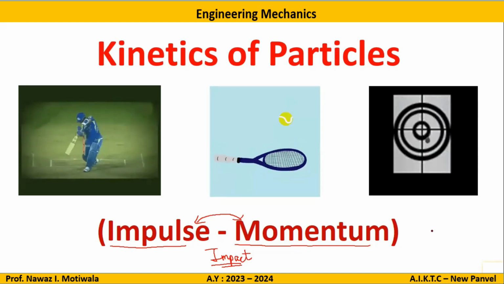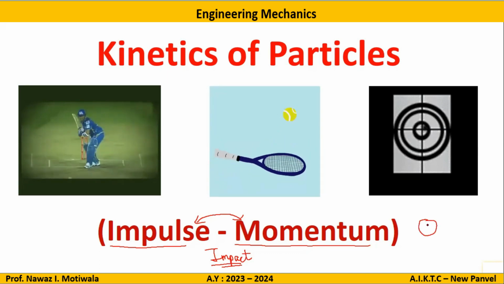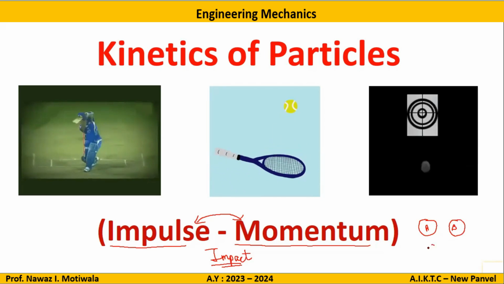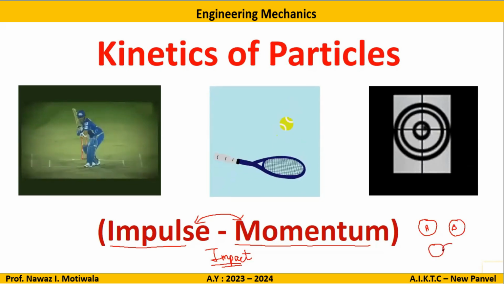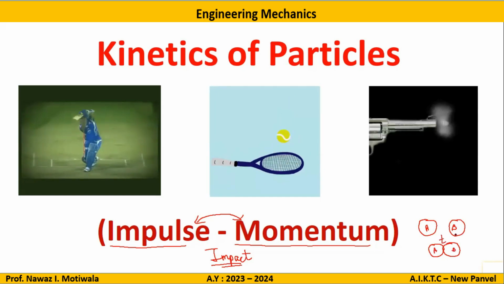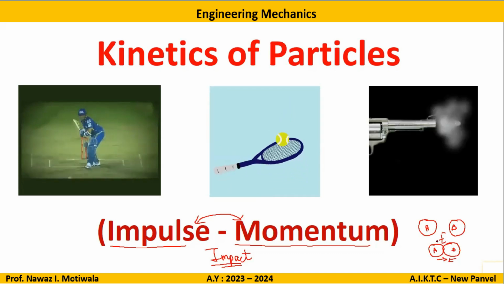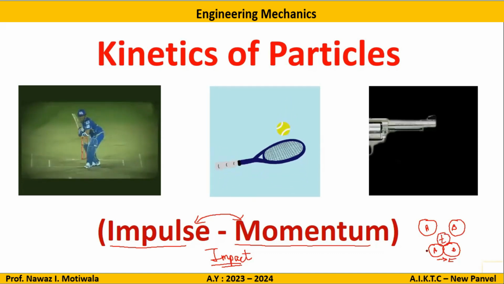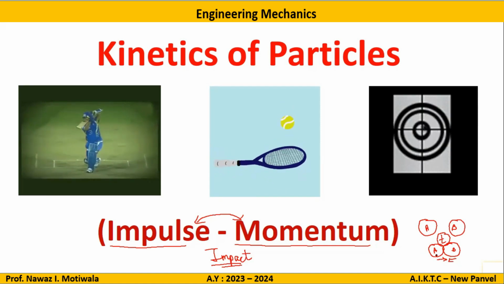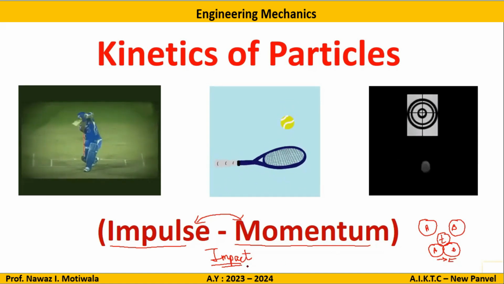So let us say there is a body A and a body B, and they collide with each other for some time interval t. When these bodies collide, they exert a large amount of force on each other for this particular time period t, and this type of collision of bodies is known as impact.